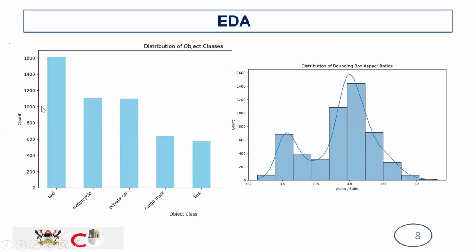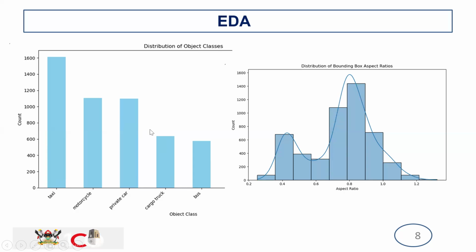I had over 1,000 motorcycles, and over 1,000 private cars, those are small cars. Then I had over 600 trucks, and over 500 buses that were annotated.